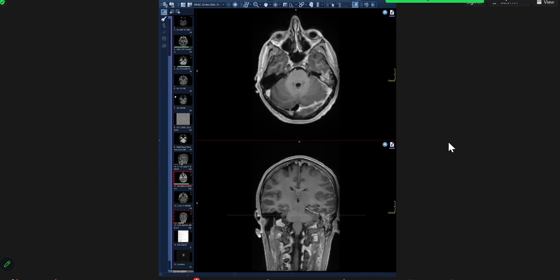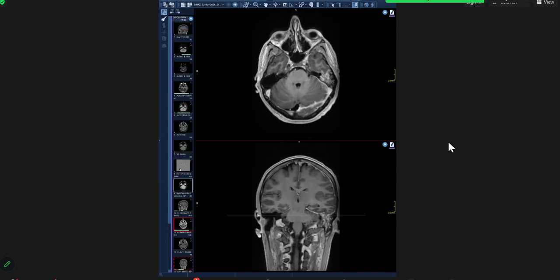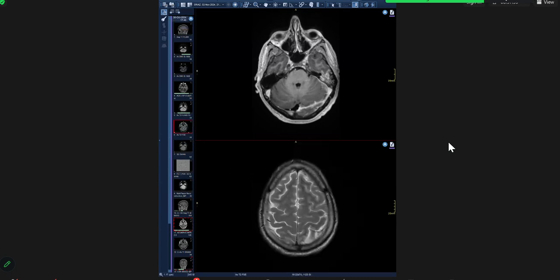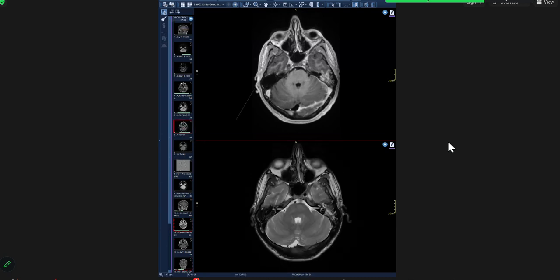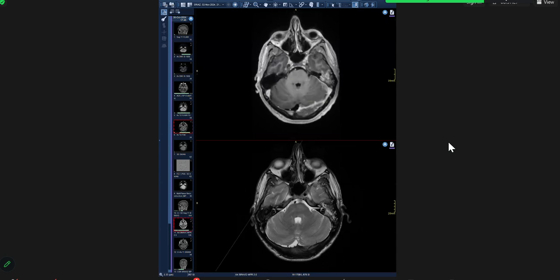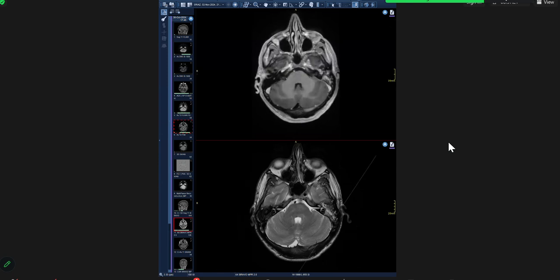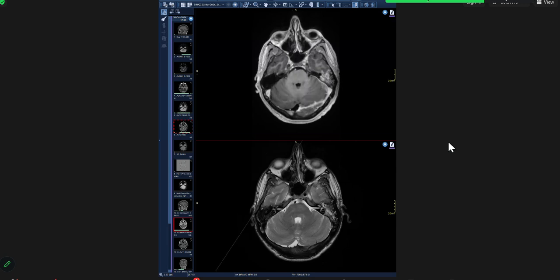Ma'am, there is a filling defect in the venous sinus. Which venous sinus is that? In the left transverse sinus. I think it's okay.